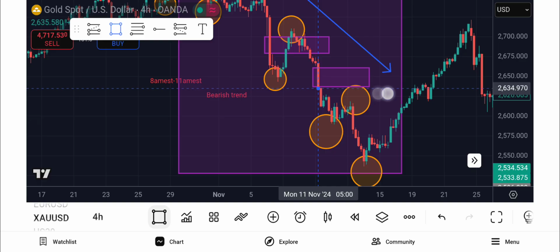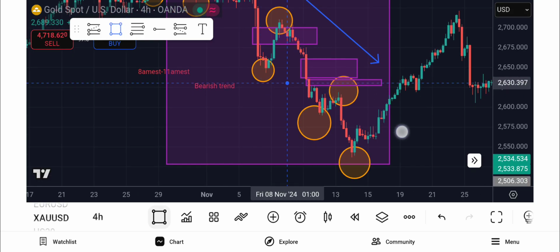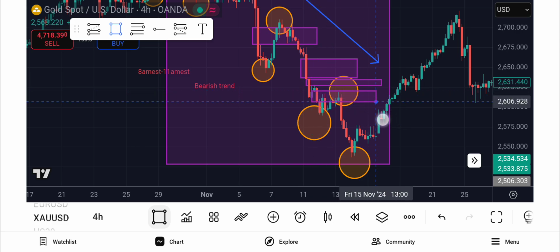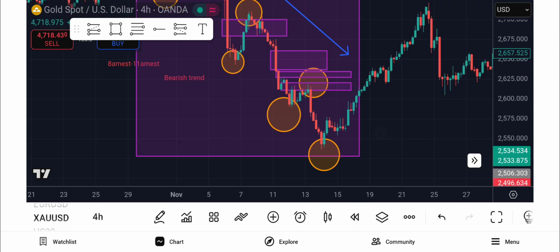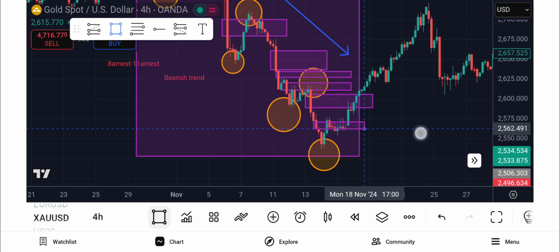That's another fair value gap right here. 1, 2, 3. That's another fair value gap down here. 1, 2, 3. That's another fair value gap right there.